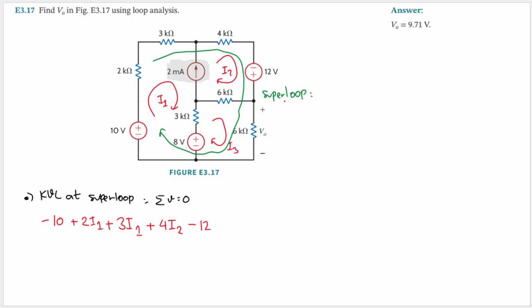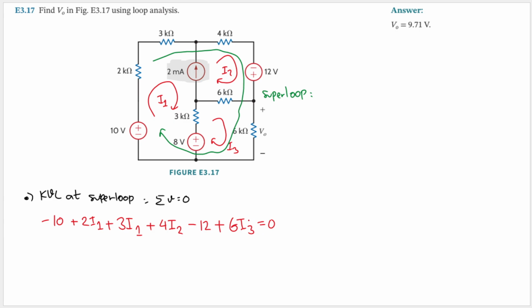Good. Let's move on to this one: plus the 6 kilo ohm resistor, and the only current that passes through it is I3, so we will have 6I3. All of that equals 0.